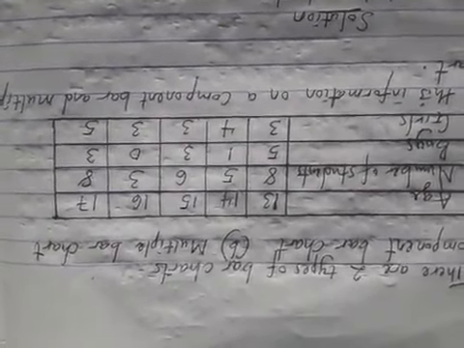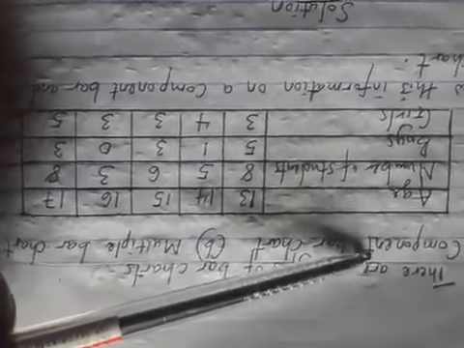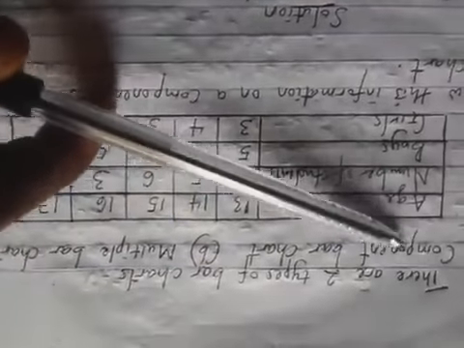If I record 14 as the number of students that I can find in JSS1, that will be a component bar chart, because you are talking about JSS1 as one particular class. You are not separating it. You are talking about JSS1, the number of students you can find there, 14, as one.